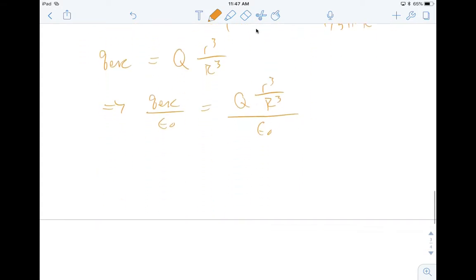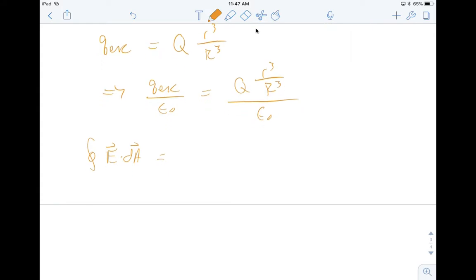Now let's deal with the left side of the equation, closed integral E dot dA. Again, this will always become typically either 0 or just E times the area of the Gaussian sphere, or whatever surface you're dealing with. In this case, we're going to have E times 4 pi little r squared.